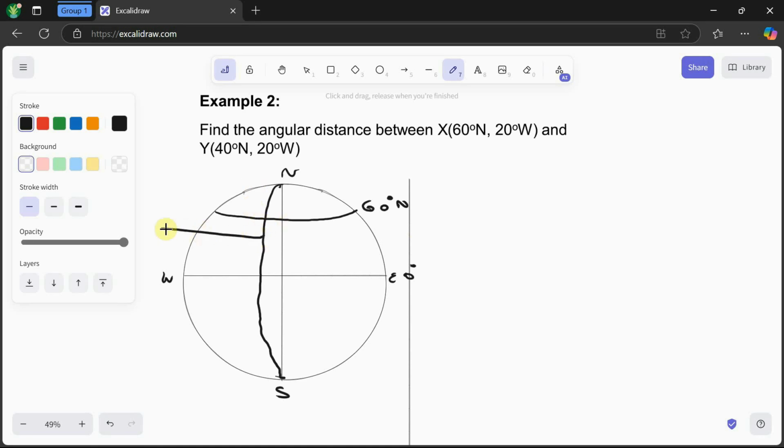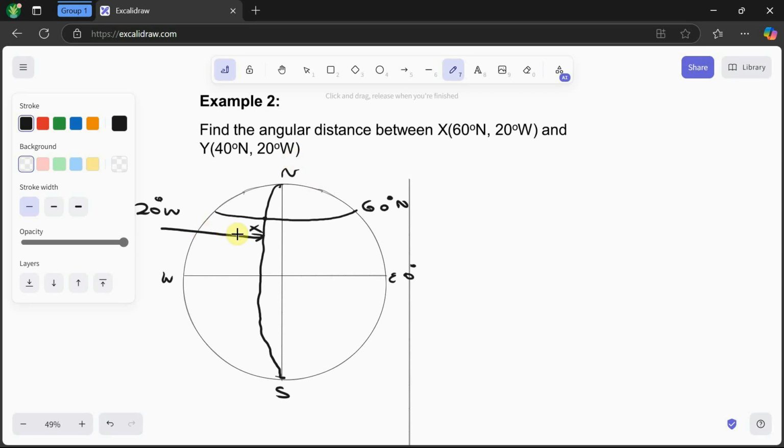So let me just label it and say this is 20. You must label all these things though, especially if it's a theory question. So this point here is my point X, and it now says that point Y is 40 degrees north and 20 degrees west.